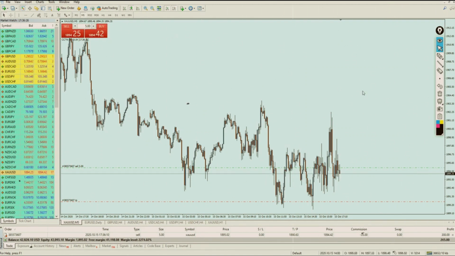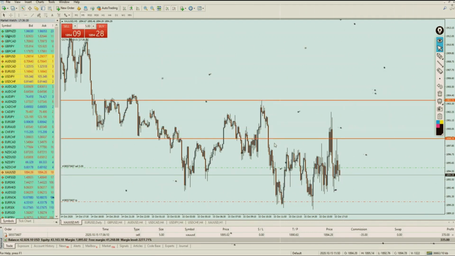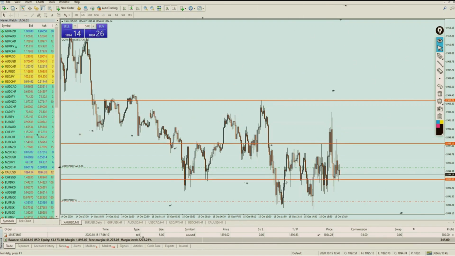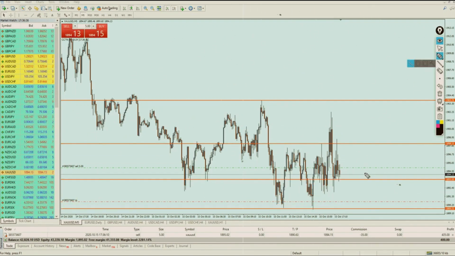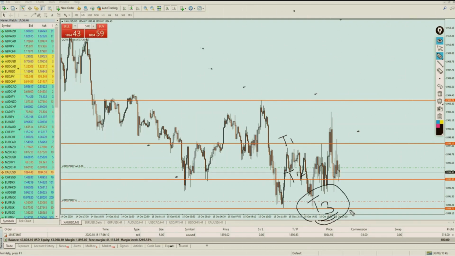When we send the signal, we send it with take profit number 1, take profit number 2, and take profit number 3. If the signal exceeds take profit 1 and 2 and reaches take profit number 3, in the end we take the credit for the signal.